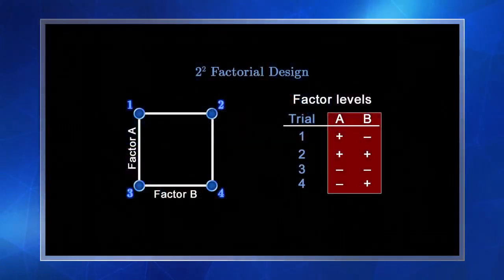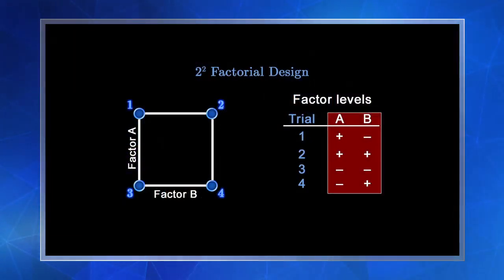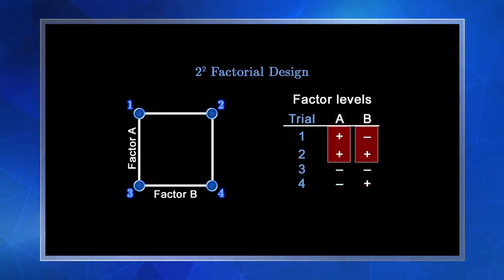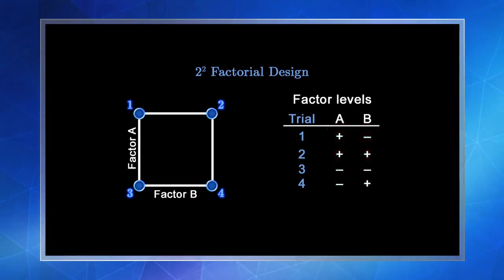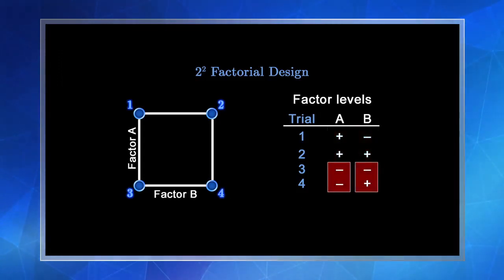Now, in the simplest case where K equals 2, we've got 4 factor levels. So in trials 1 and 2, we're going to fix A up high, and we're going to vary B between high and low. And then in trials 3 and 4, we're going to fix A down low, and then we're going to vary B high and low.